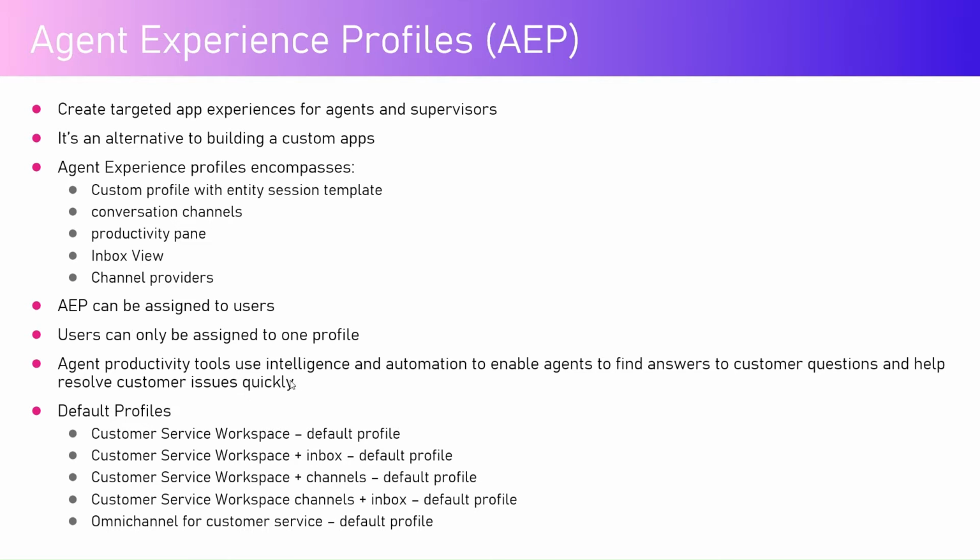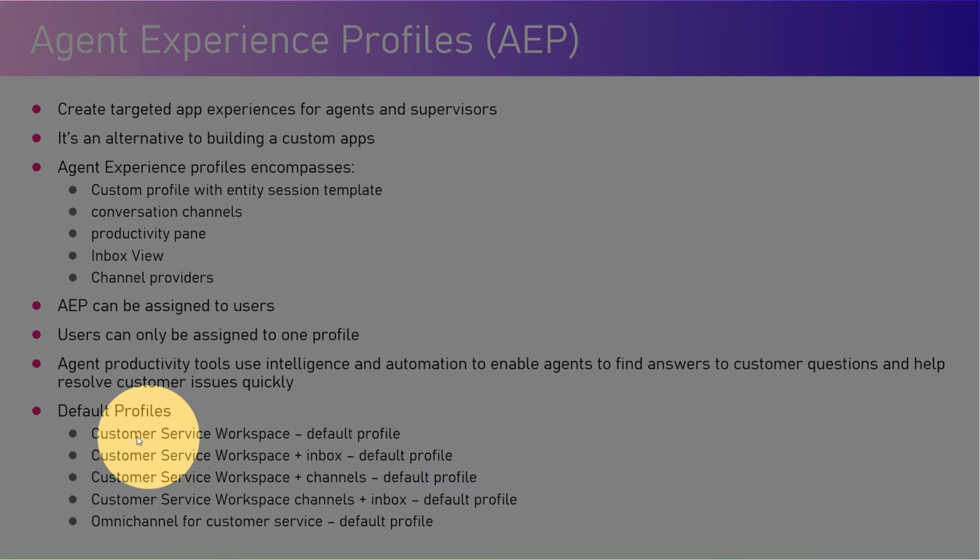Agent productivity tools use intelligence and automation to enable agents to find answers to customer questions and help resolve customer issues quickly. Now, remember, agent experience profile has some default profiles which come out of the box.